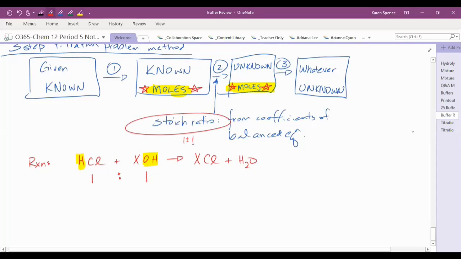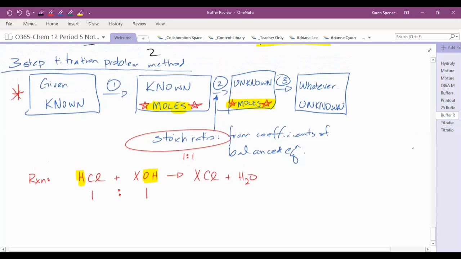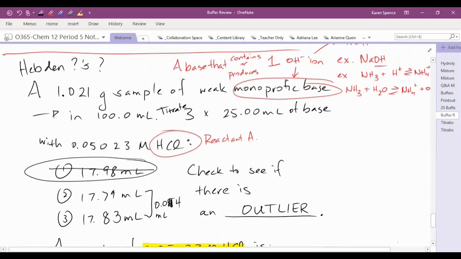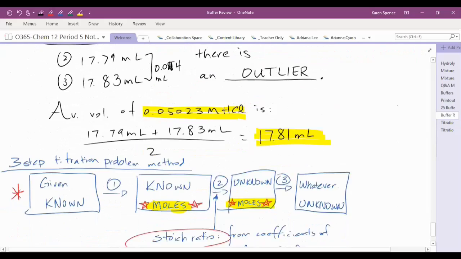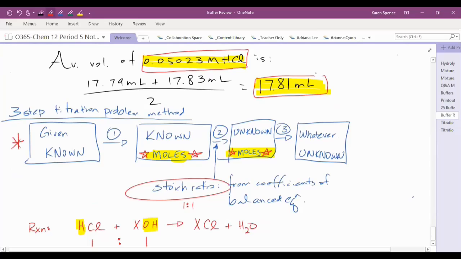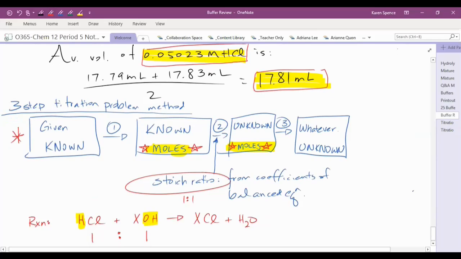Okay, so let us take our little box step here, and we will actually figure out who is our known and what are we given about it. In this question, who is the known quantity? Who is the known species? The HCl, yeah, okay. And so we know from our calculation that we have 0.05023 molar HCl, and we have the average volume of 17.81 milliliters.